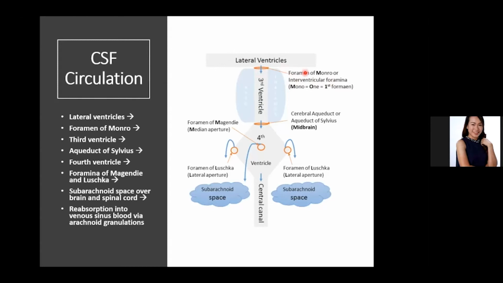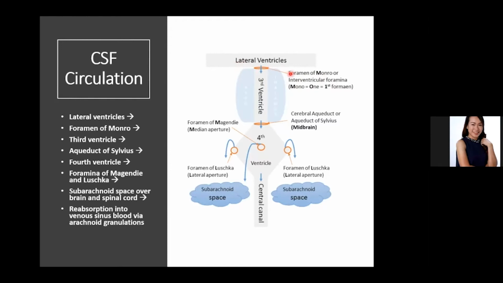So foramen of Monro. Our mnemonic is Monro, right? Mono means one. So it is the first foramen. So that is one mnemonic that we had. Another mnemonic that I use here is "late for a month." For example, late, lateral, diba?